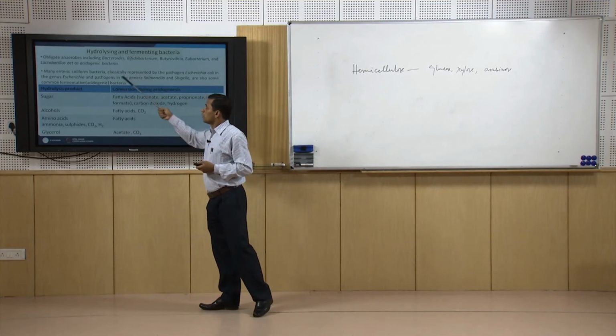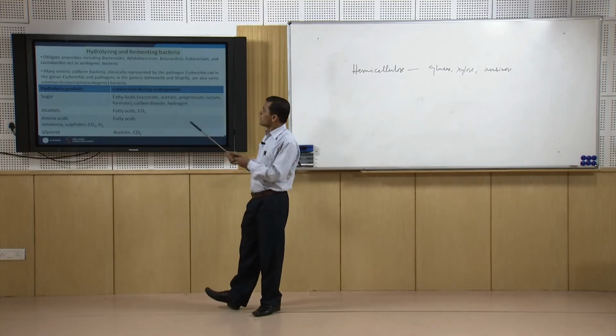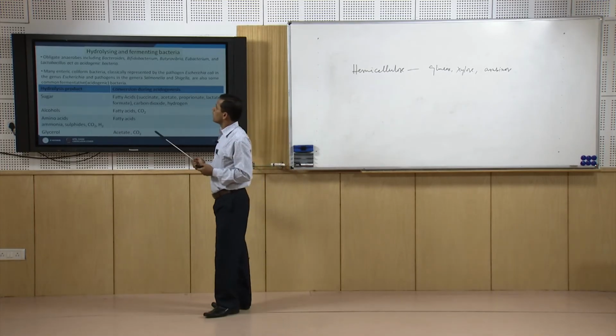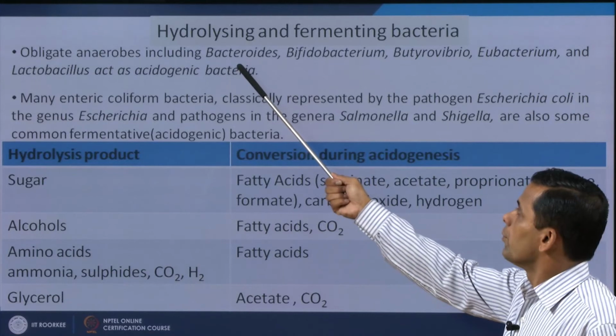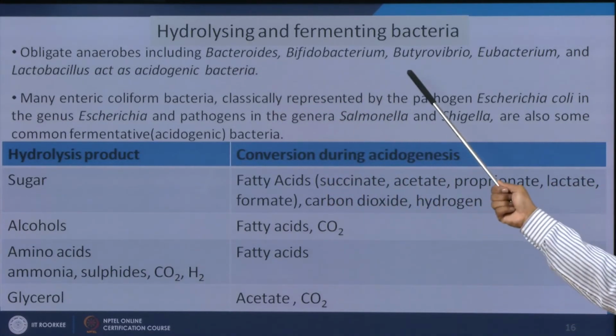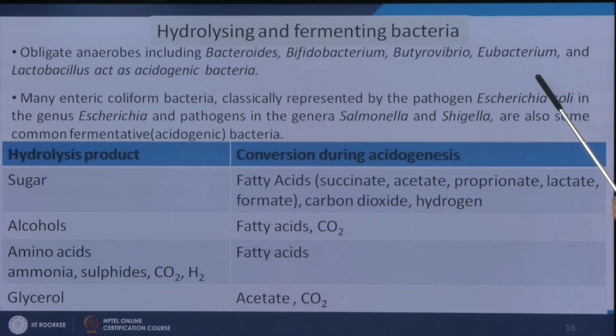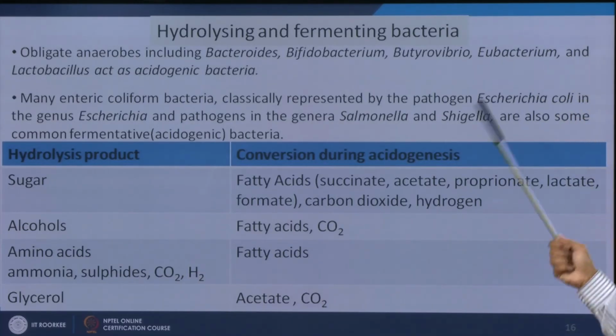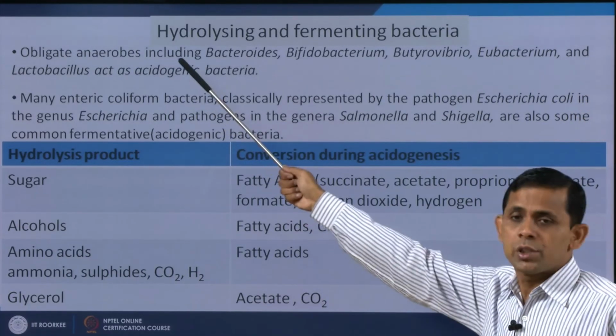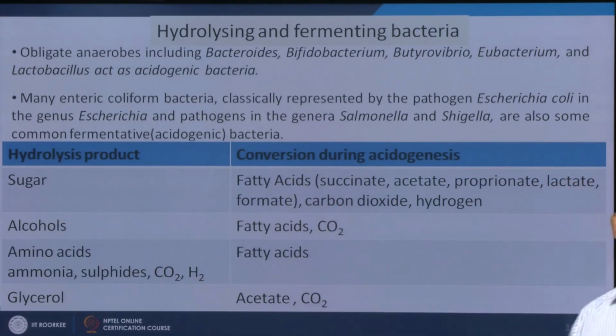After hydrolyzing, we are coming to the acetogenic bacteria. Some examples of these acetogenic bacteria are Bacteroides, Bifidobacterium, Eubacterium and Lactobacillus. Those microorganisms act as acetogenic bacteria.